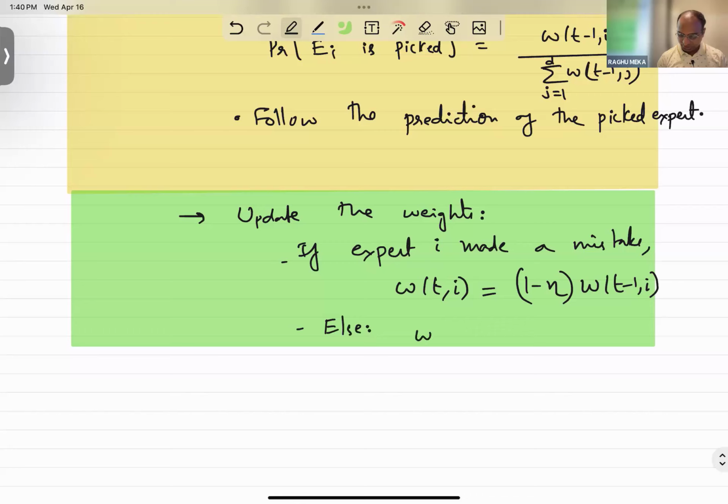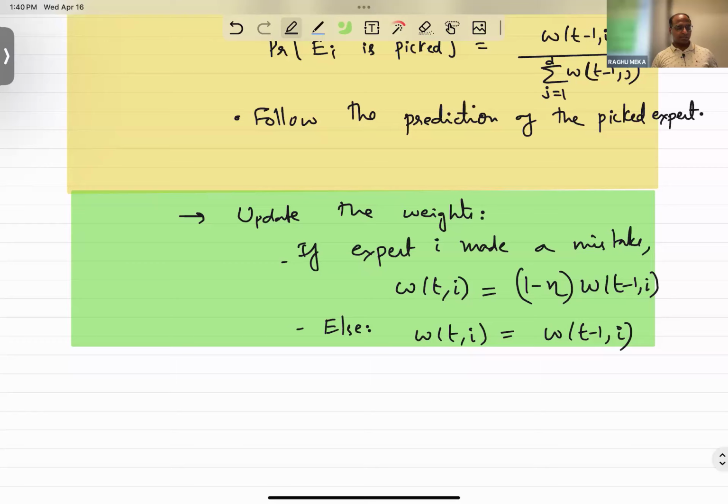If they don't make a mistake, the weight does not change. This is called multiplicative weights, because we're keeping track of the weights and we're multiplying the weights by a factor every time they make a mistake. Okay, so this eta is something that we have to choose, and we will choose it appropriately. Okay, any questions about the algorithm?